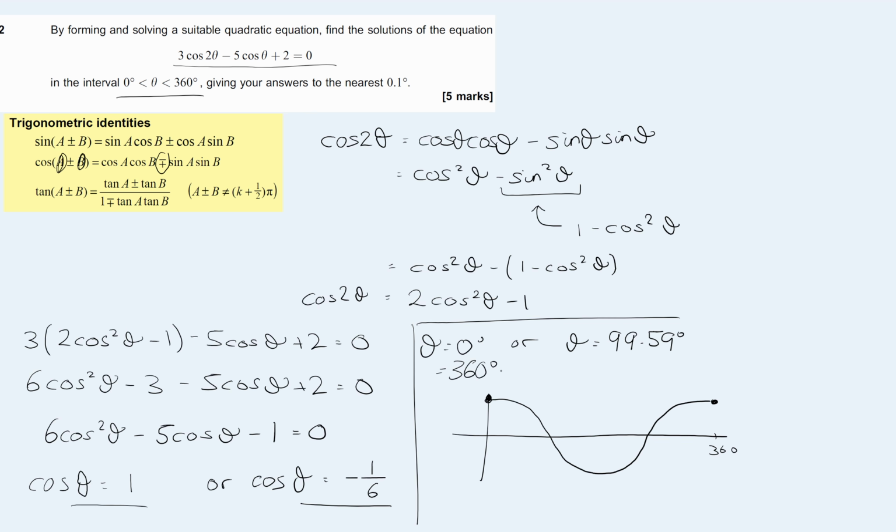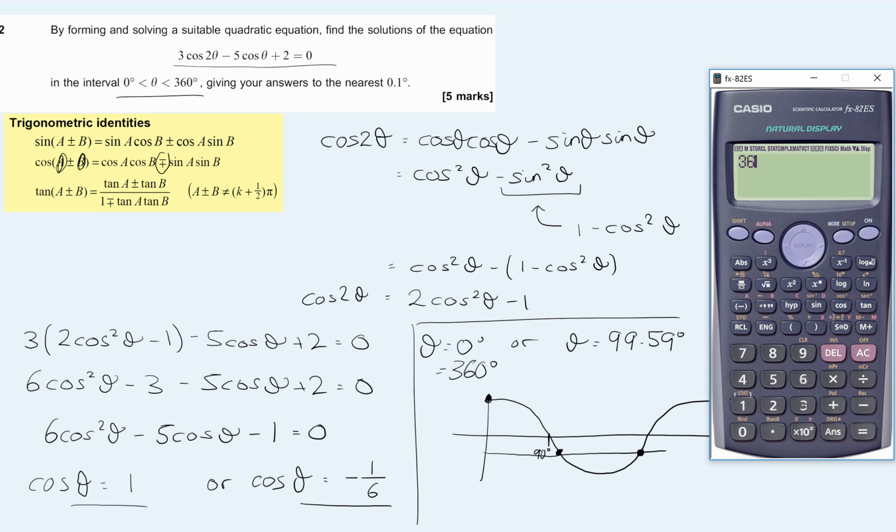My second one, remember this point here is 90 degrees, so my second solution is just a little bit further on than that, which means if I draw my line across, I get my other solution there. So that solution can be found by doing 360 minus the 99.59. So that's using the symmetry of that graph. So that comes to 260.41.